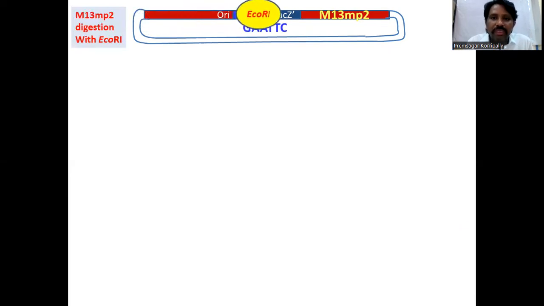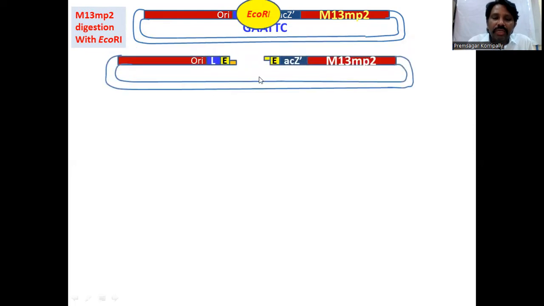Once you digest the M13mp2 with EcoRI, it will linearize the M13mp2, right? So the linearized M13mp2 is ligated with the adapter molecule, which has BamHI internally and EcoRI cohesive sites at the ends.